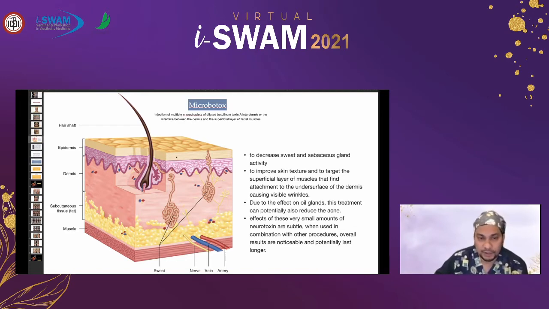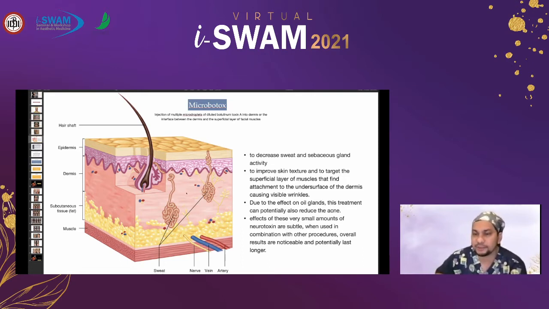So it's really important to keep in mind that you need to put the mesobotox and microbotox in every layer. Not only very superficial; sometimes you need to go a little bit deeper. It depends on what your target is.